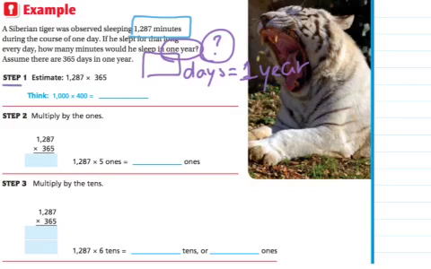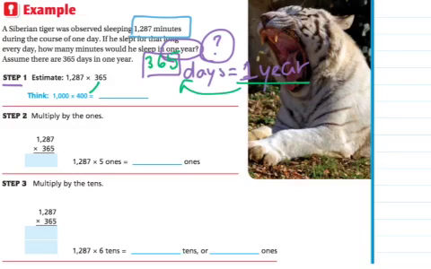So what we're going to do is step 1, we're going to estimate. So we're going to estimate 1,287 to being 1,000, so that's a low estimate. And then we're going to estimate 365. So you might say, well, where did they get 365, Miss G? Boys and girls, this is a unit conversion. If we wanted to know what 1 year was equivalent to in days, it is 365 days exactly. So we see that they rounded that up to 400.